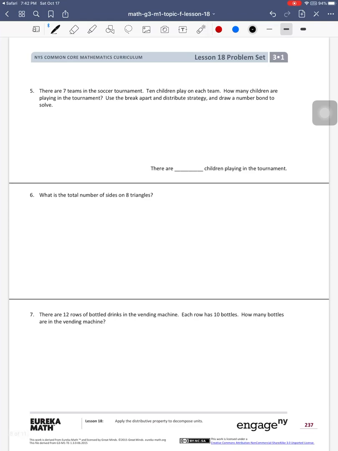There are 7 teams in the soccer tournament. 10 children play on each team. How many children are playing in the tournament? Use the break apart and distribute strategy and draw a number bond to solve. All right, so here we have 7 teams, right? And there's 10 on each team. Why don't we do 5? That's always easy to work. 5 times 10. So if we have 7 minus 5, what do we get?